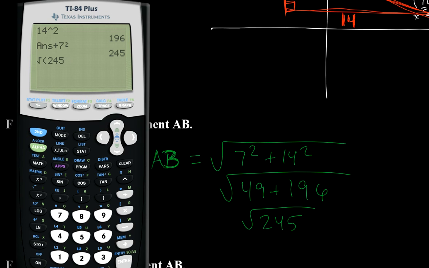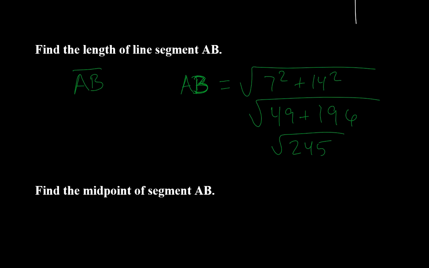And that's going to give me a lovely distance of about 15, I guess I'll round it to 15.7. So the distance, the length of segment AB, is approximately 15.7 units.